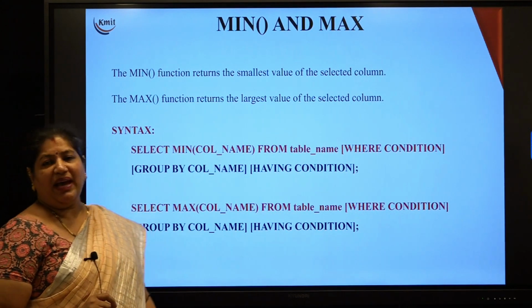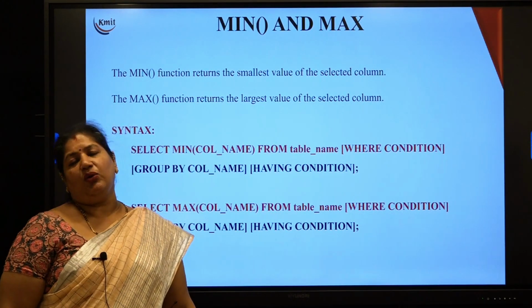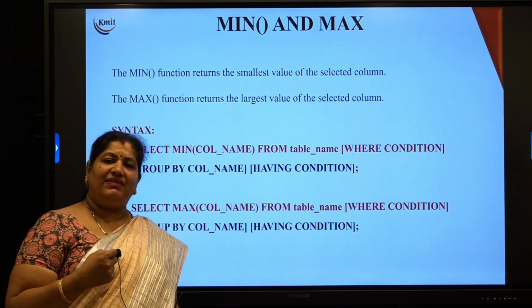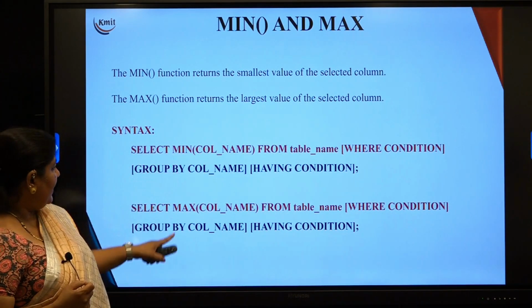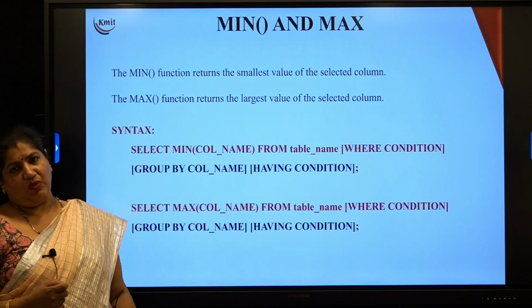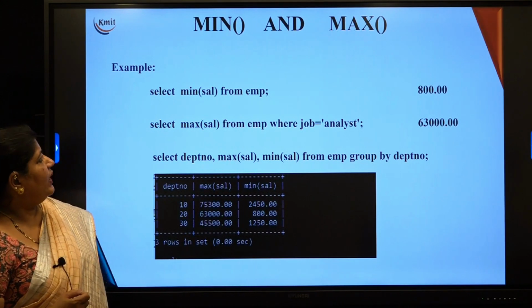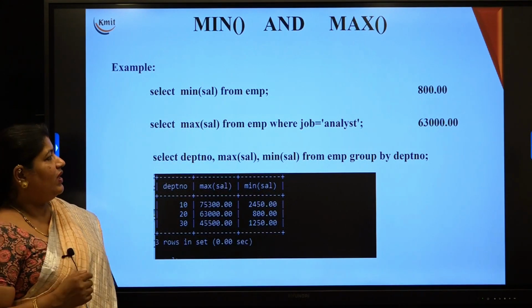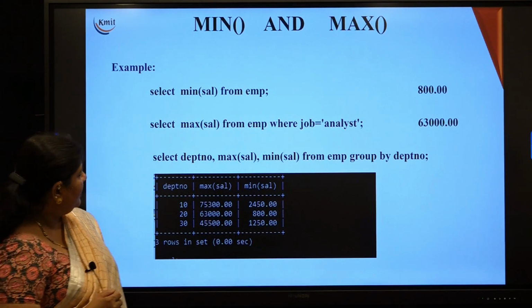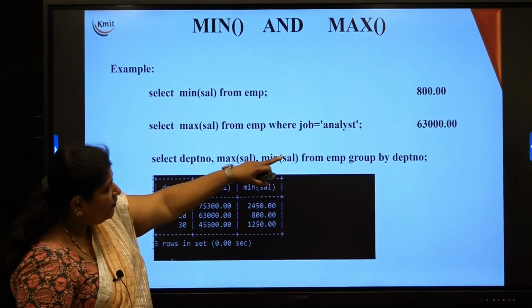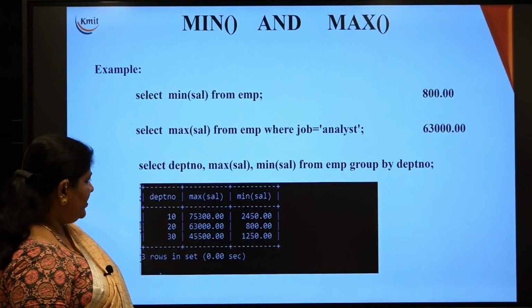Coming to minimum and maximum, in a set of values, it is going to find the minimum value and the maximum value. So the syntax is going to be select minimum of the column or select maximum of the column. Let's quickly look into some examples. Select minimum of salary from EMP is going to give you 8,800, and maximum of salary of analyst is going to give you 63,000.